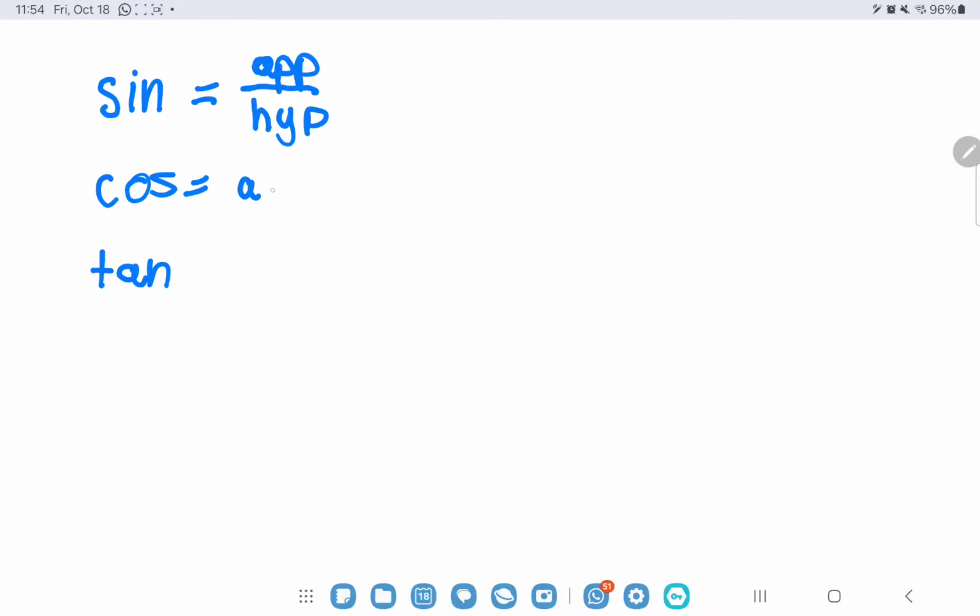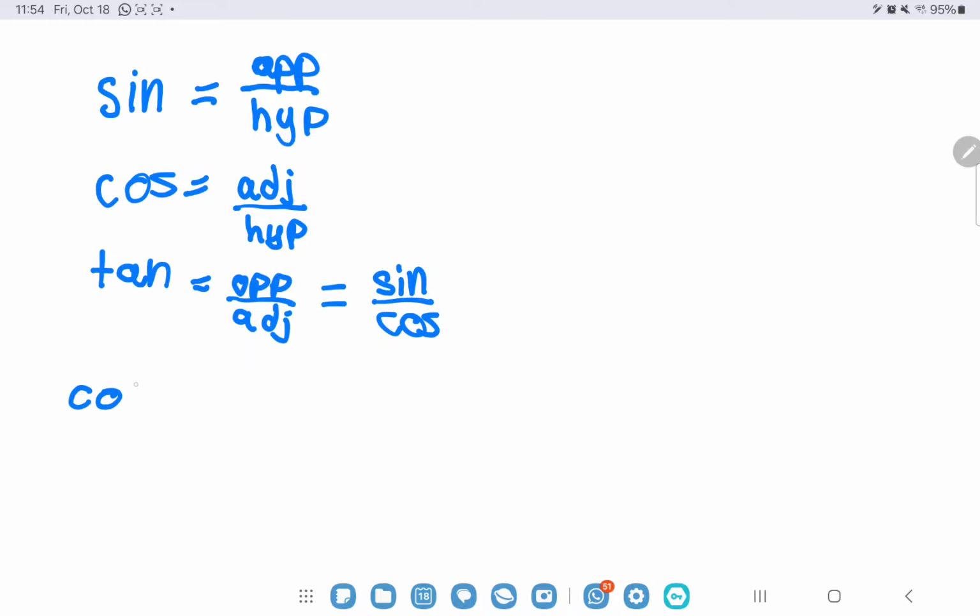Cosine is equal to adjacent over hypotenuse in a triangle, by the way. And tangent, in a triangle, is equal to opposite over adjacent. In a question that's not a triangle, it's equal to sine over cosine.